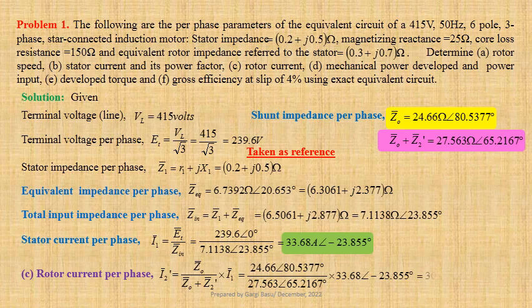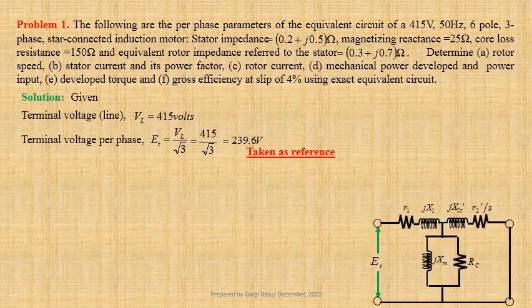That gives us 30.1327 ampere at an angle minus 8.534 degree.